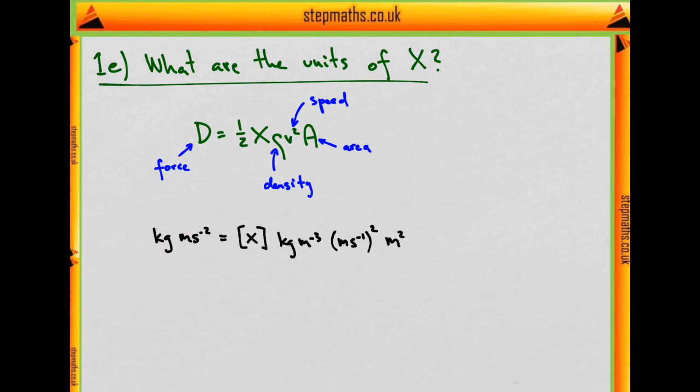Then we have this x, which has an unknown unit, the unit of x. Kilogram per meter cubed, that's a unit of density. Then meter per second squared for speed squared, and area meters squared. And when we simplify the right-hand side, we'll see that the meters will cancel to leave only 1 meter to the first power. And that's great because the expressions on both sides are the same.